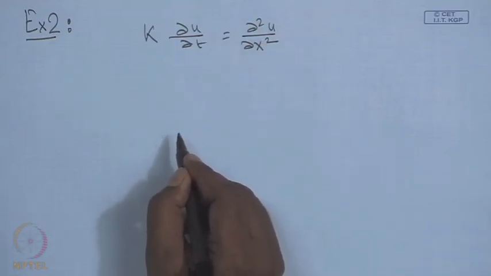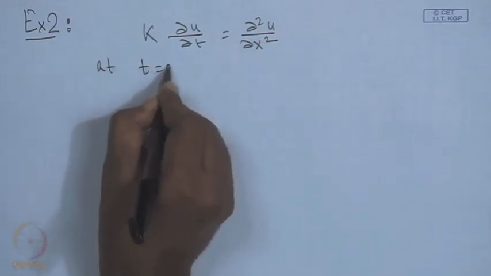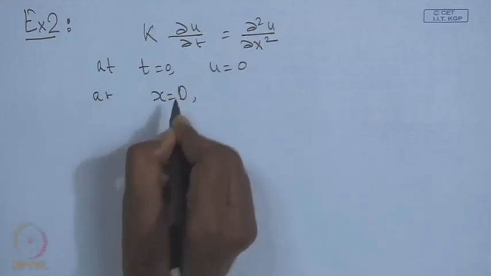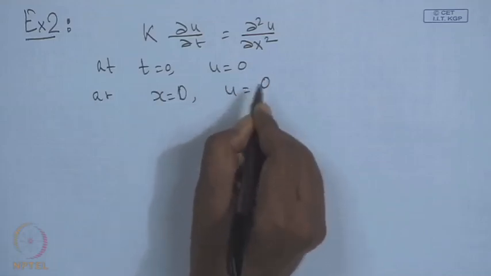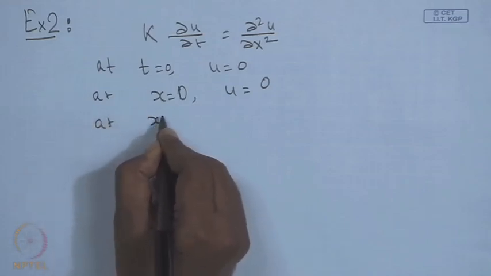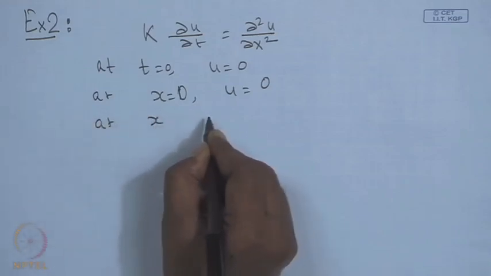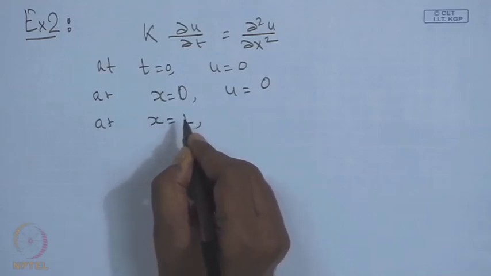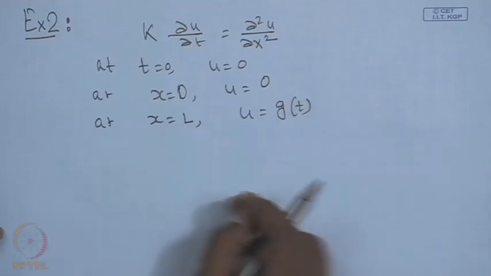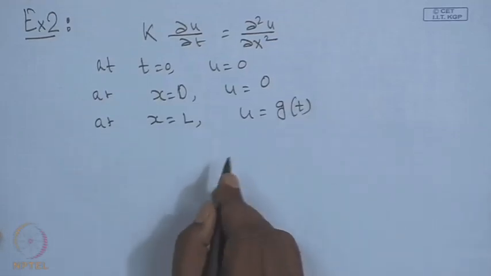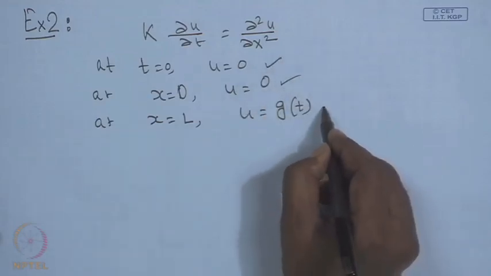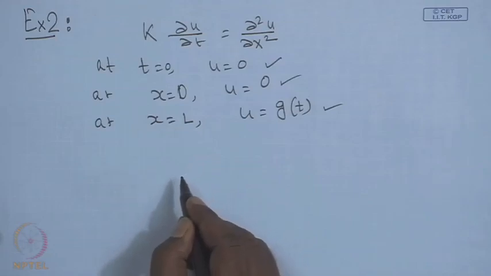Again, this is a parabolic problem, and at time t is equal to 0, u is equal to 0; at x is equal to 0, we have u is equal to 0; at x is equal to L, we have u is equal to g of t. So, this is the problem. We have the 0 initial condition, one of the boundary conditions is 0, and at x equal to L we have u as a function g of t.